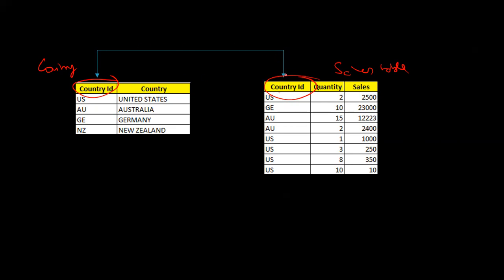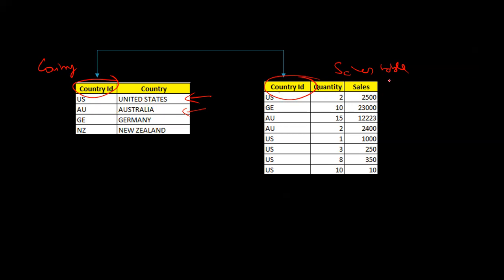It puts a line here. If you look here, for each country, the data has been stored only once. For example, United States, only one record. There is no duplicate. Australia, only one time it got stored. So each country has a unique record, with no duplicates.